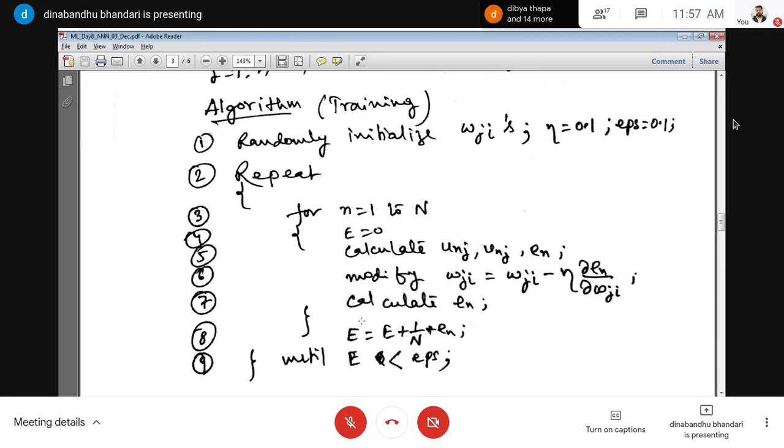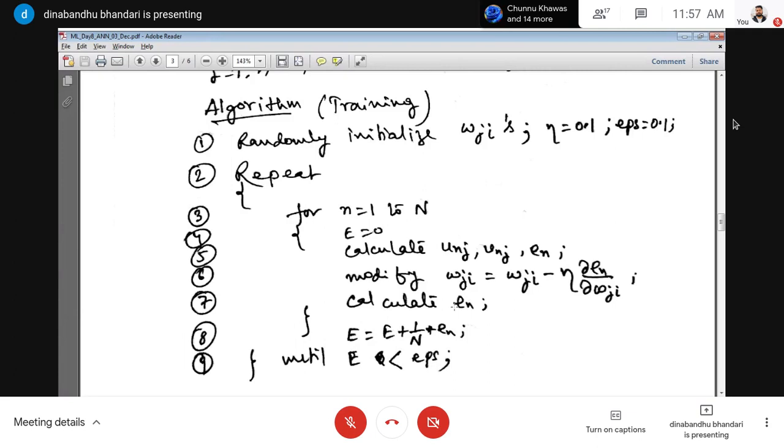Once you come out of this, you get the total error. What we have done is, this should be inside actually, within this bracket. For each error, you add this En after computing it. Anyway, you take the total error, and then you repeat this until E is less than epsilon.